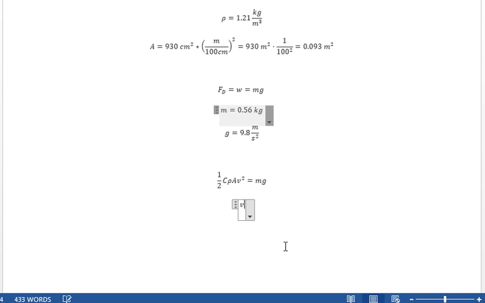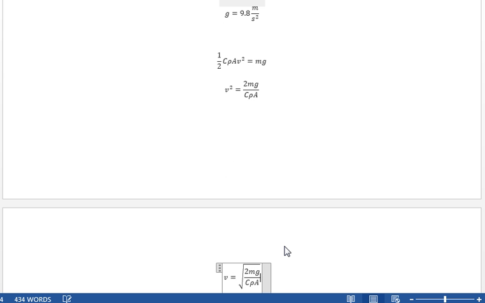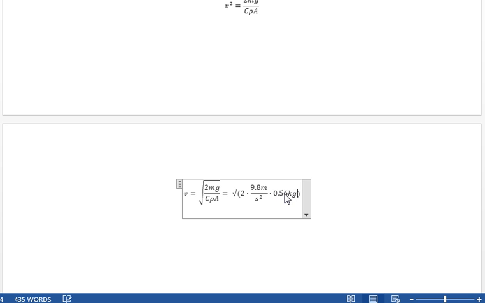And now if we solve for v squared, it is 2mg divided by c rho a, and v is the square root of 2mg divided by c rho a, equals the square root of, okay, we have 2 times 9.8 meters per second squared times the mass, what was the mass? 0.56 kilograms, right?